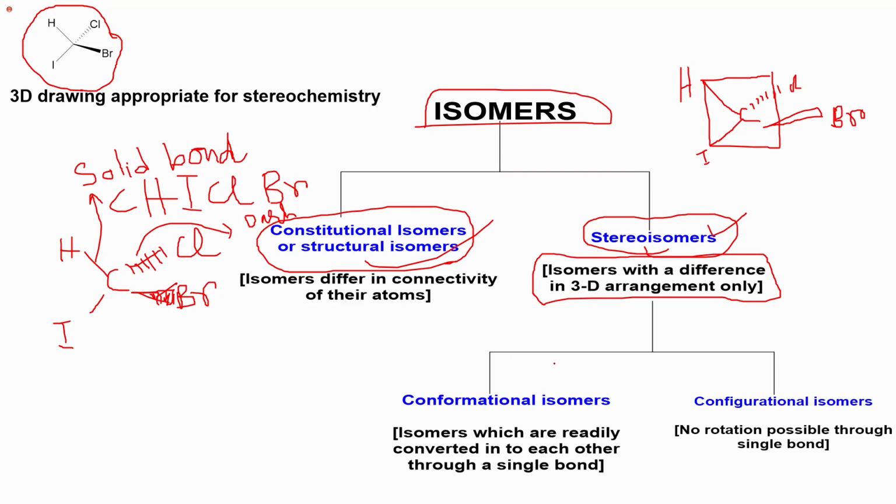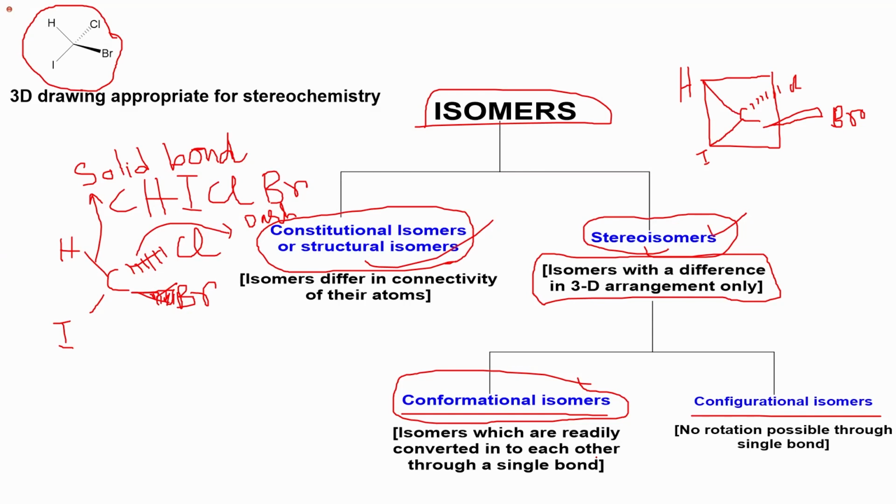Now the stereoisomers are of two types. One is the conformational isomer, and the second one is the configurational isomer. So what are conformational isomers? Conformational isomers are isomers which are readily converted into each other through a single bond.